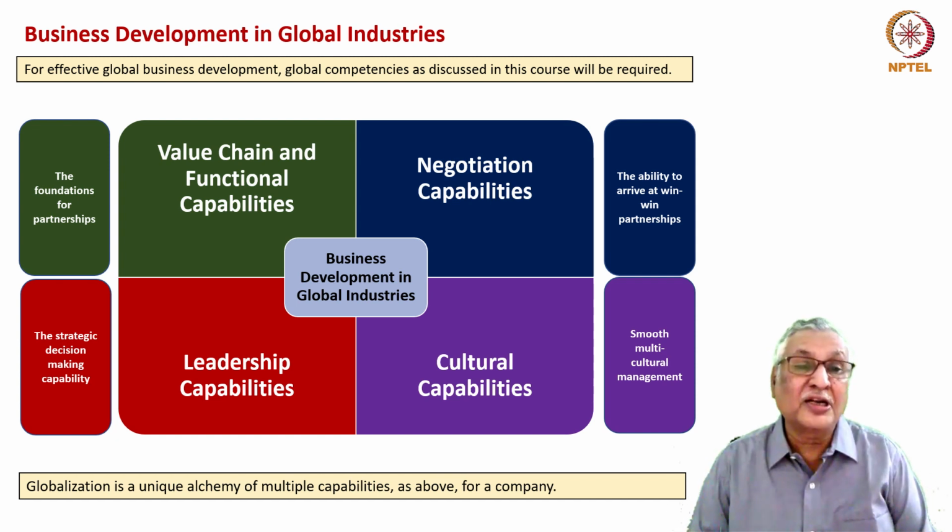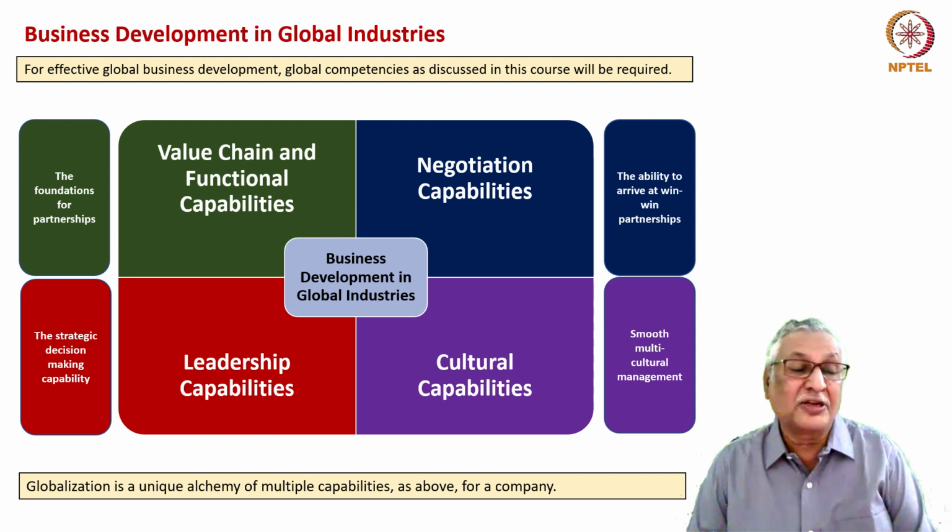The number of Indian companies which are globalizing is increasing by the day. Asian Paints has globalized itself substantially with presence in many countries. Tata Motors has globalized itself by acquisition of JLR brands. Tata Steel has globalized itself by acquisition of Corus brand of steel making and the facilities.